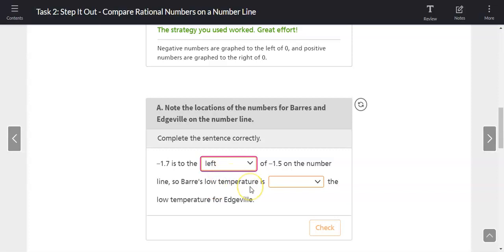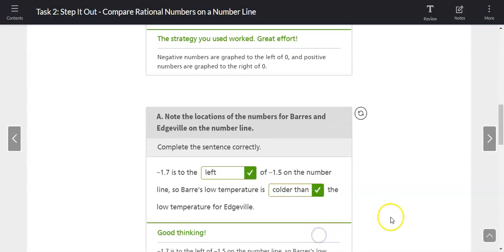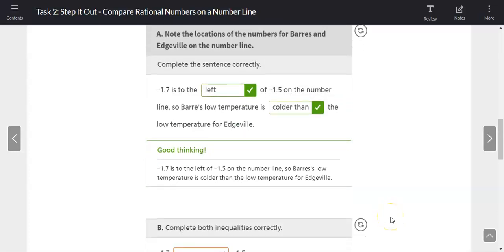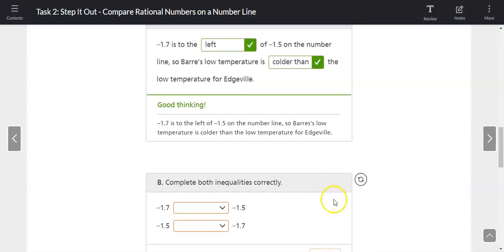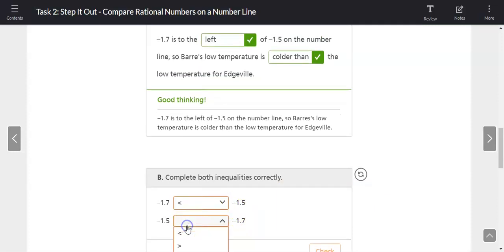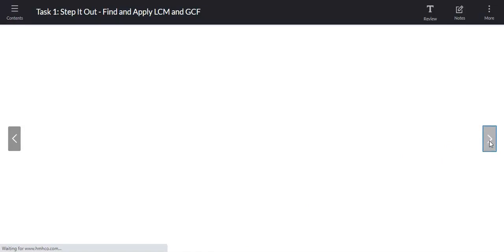So Bars' temperature is colder than the low temperature in Edgeville. Complete both inequalities correctly. So we said negative 1.7 is colder than, so that means it's less than negative 1.5. But if we put negative 1.5 first, it's going to turn into greater than. Okay, and that's all there was with that one.